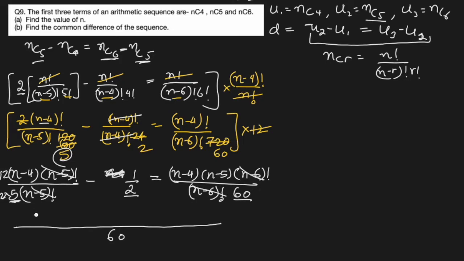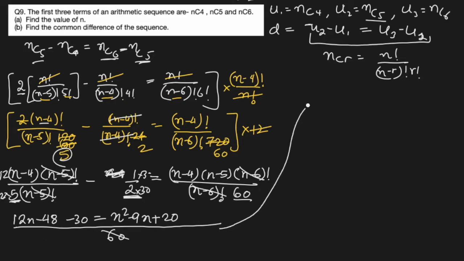So we have 12 and minus 48. We have 2 here. What should I multiply this with? 30 to get 60. Minus 30. Equal to n squared minus 9n plus 20. And 60 can be ignored, as if we are multiplying the whole equation by 60. Now we can simplify this quadratic equation.